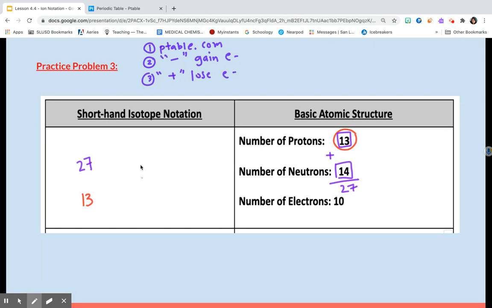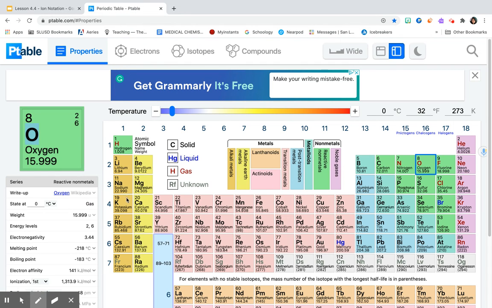So now I got to figure out what element this is, right? And remember, the number of protons will let us know what element this is. So on ptable.com, I'm going to look for element number 13. So let's go to ptable.com, looking for element number 13.